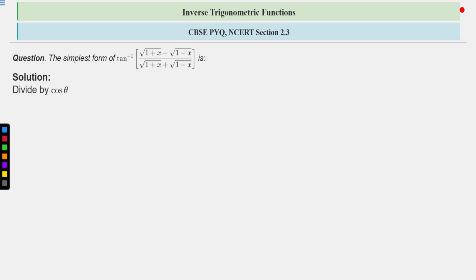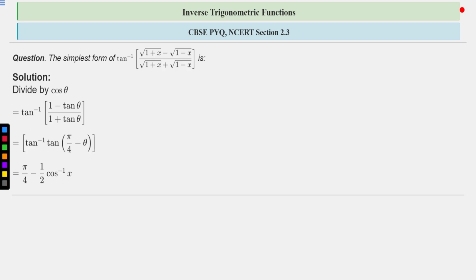So finally, we can divide the above expression by cos theta. Therefore, we got tan inverse of (1 minus tan theta) upon (1 plus tan theta), right? Therefore, it will be equal to tan inverse tan of (pi by 4 minus theta), because (1 minus tan theta) upon (1 plus tan theta) is basically tan of (pi by 4 minus theta), isn't it?